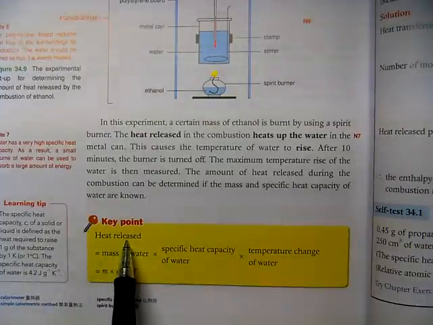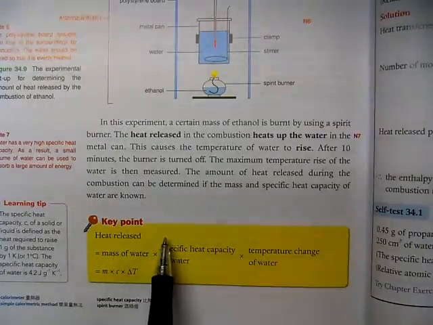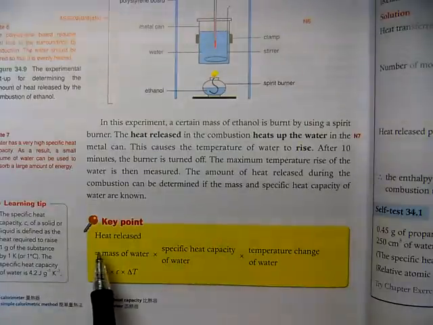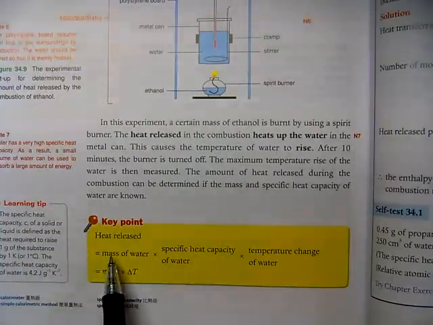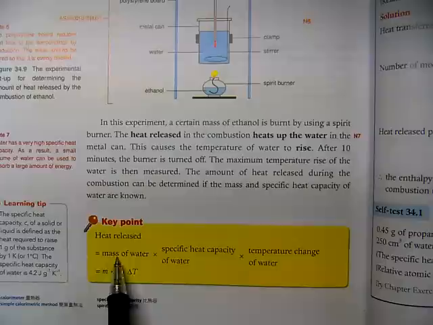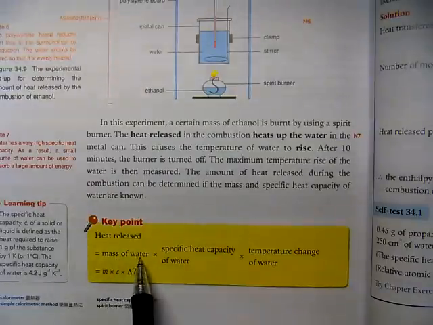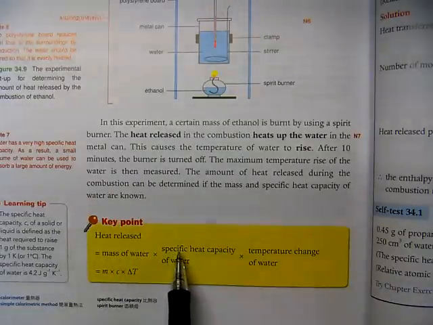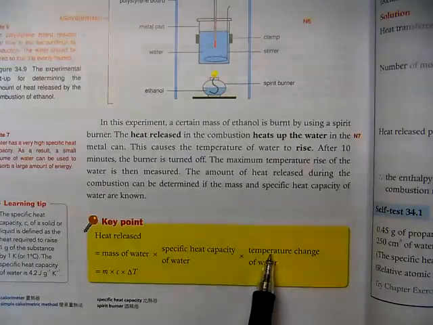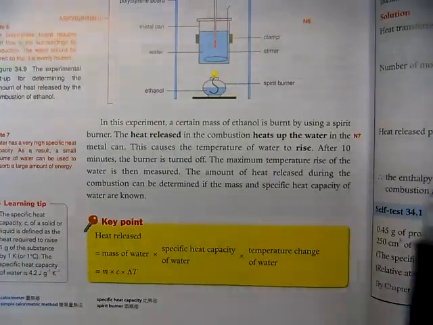Heat released during combustion of ethanol is equal to the heat absorbed by water, okay? Which can be calculated by using this equation, which is the mass of water times specific heat capacity of water times temperature change of water.